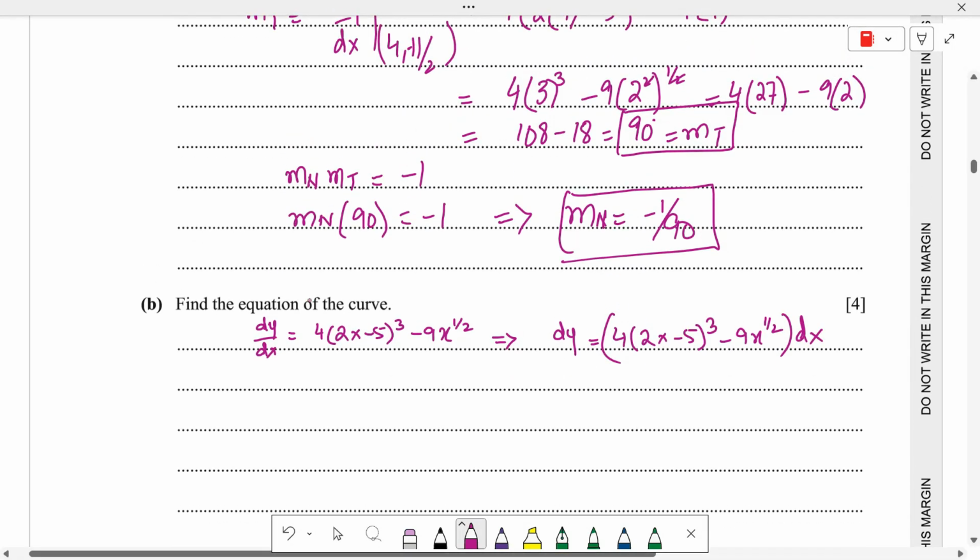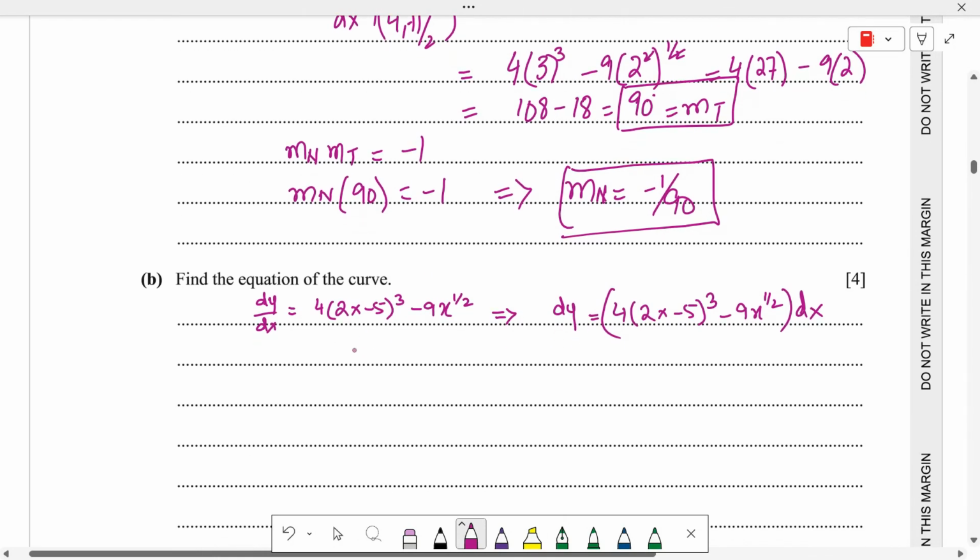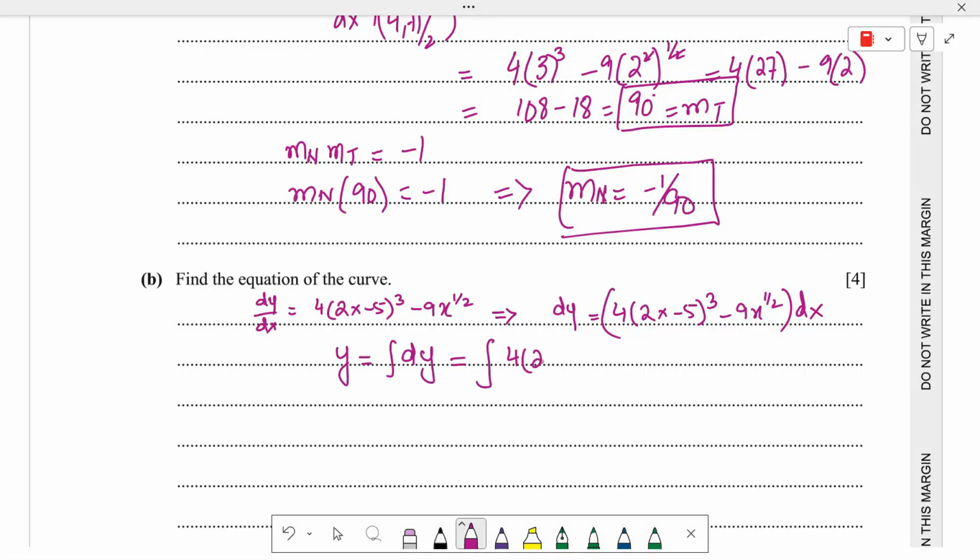Now we need to find the equation of the curve, so we will integrate it. Integration gives y, because integration of dy is y, and this is equal to the integration of 4 times (2x minus 5) whole cube minus 9x to the power of half dx.